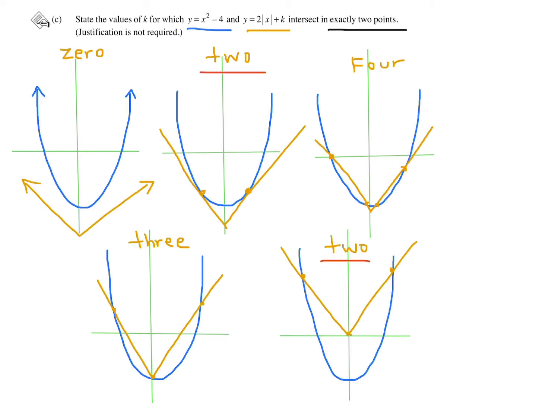What are the values of k? All right. Well, if you remember, this point right here was, what was it for the y-axis? x was 0, so this was -4. Okay? So if k is moving this graph up and down, it originated, if you remember, without the k, y is equal to 2 absolute value of x, was right here, right?